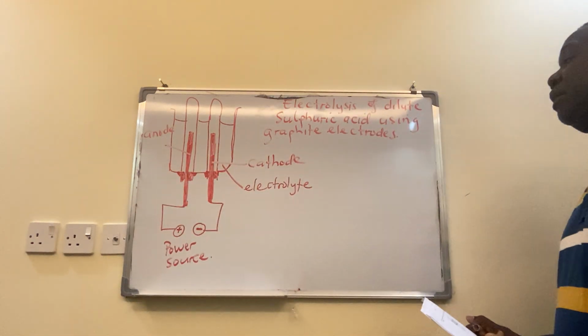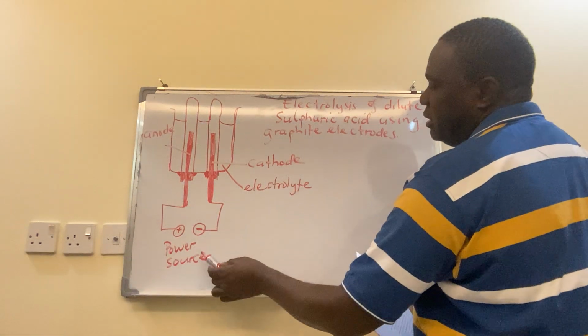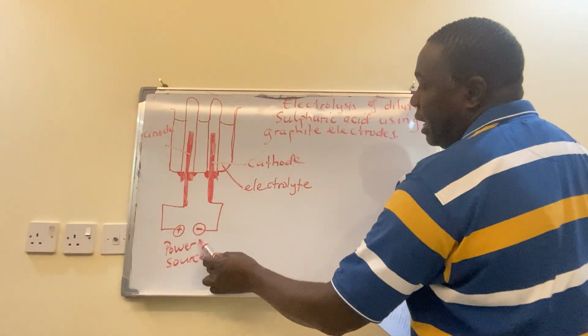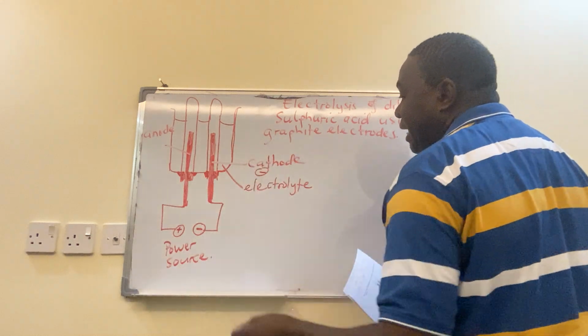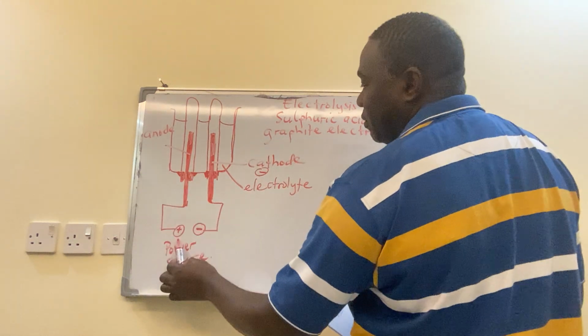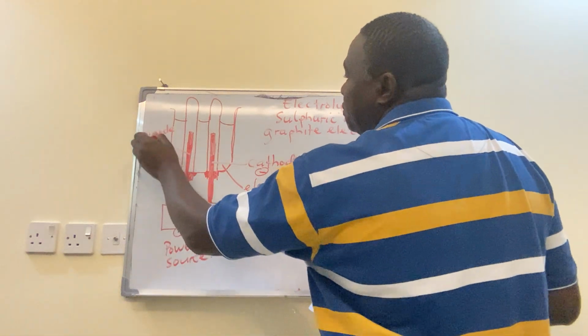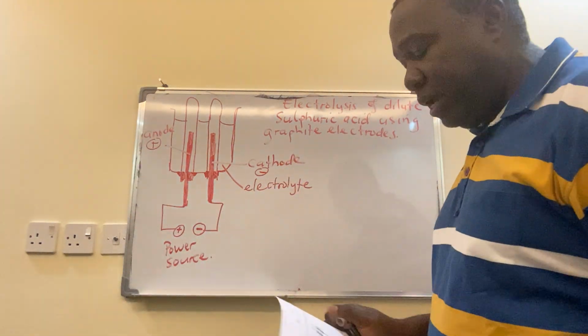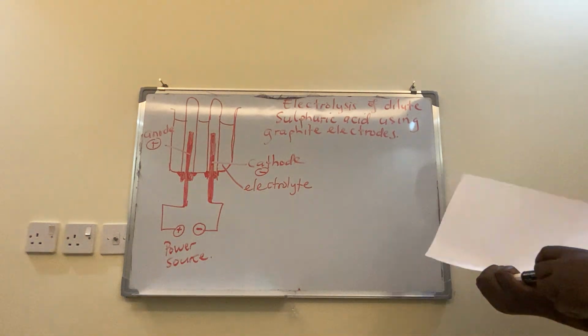We have two types. We have the cathode and then we have the anode. Because the cathode is directly connected to the negative terminal, our cathode will also be negative. And then our anode is connected to the positive terminal, so our anode will also be positive in nature. Now we are carrying out electrolysis of dilute sulfuric acid.